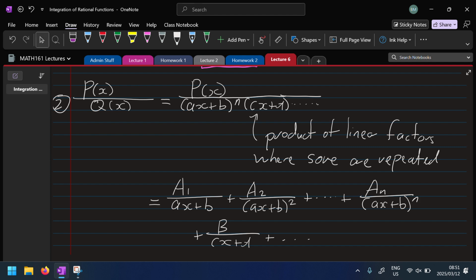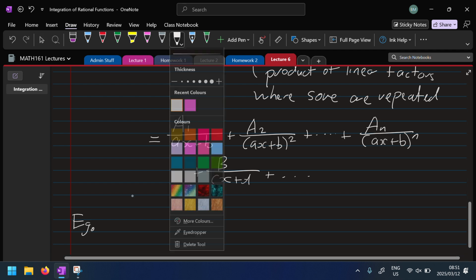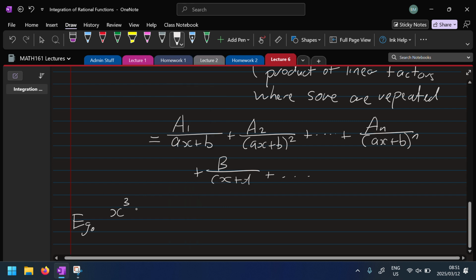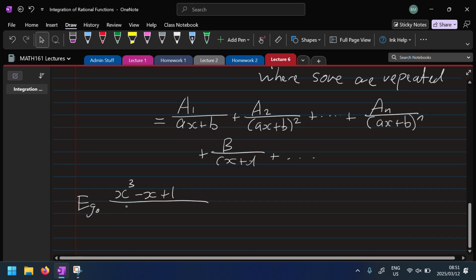Okay, so let's have a look at an example. Let's say we have x cubed minus x plus 1 for the numerator. Again, for all of these cases, the numerator can be anything. We're not interested in that. It's only the denominator.